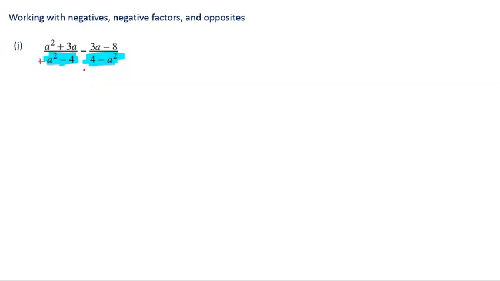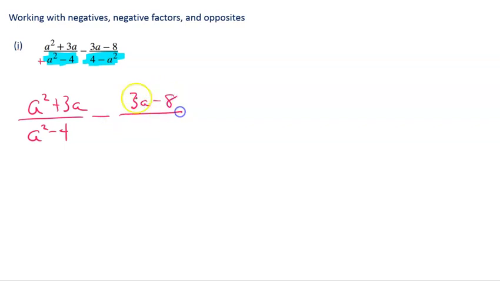If they're opposite, just pull out a negative. We're going to do exactly what we did a minute ago for the last problem. So this is a squared plus 3a over a squared minus 4. I'm going to leave the a squared minus 4 as is down there. Minus 3a minus 8. I'm going to switch this around, and I'm going to make that a negative 4 and a plus a squared, but the only way I can do that is to factor out a negative 1.